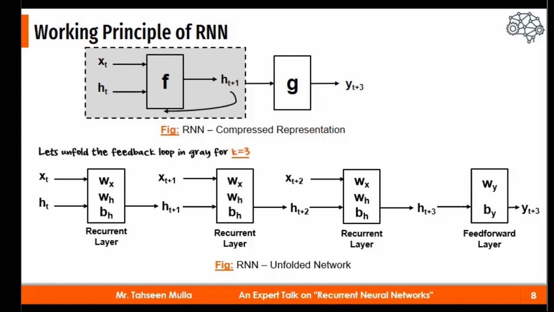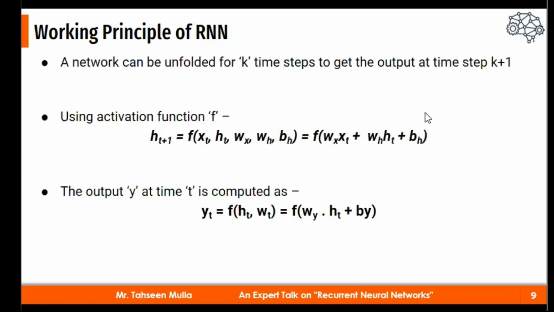Right, now after doing this, we need to focus on some kind of activation functions, because a network here can be unfolded k time steps. You can take it for n number of steps to get the output for k plus 1 steps. For using activation functions, here we'll be going for 3 different types of activation functions. We'll get through it.